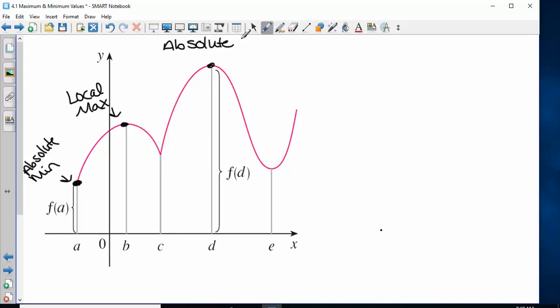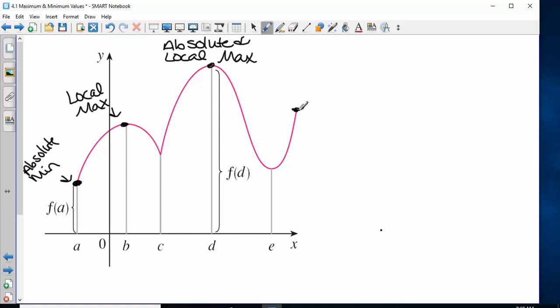But it can also be a local max. This one is both. Absolute maximums and minimums include the endpoints and the locals do not. So this one, even though it's the lowest, to be a local, it has to have points on both sides of it. Since there's nothing to the left, it can't be local. This one is the highest, so it's absolute. There are points on both sides, so it also qualifies as a local.